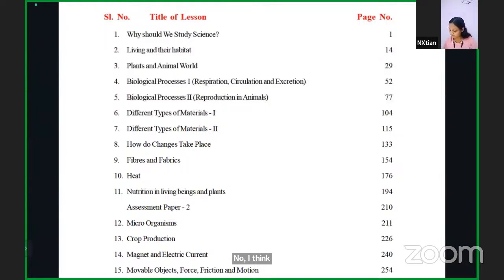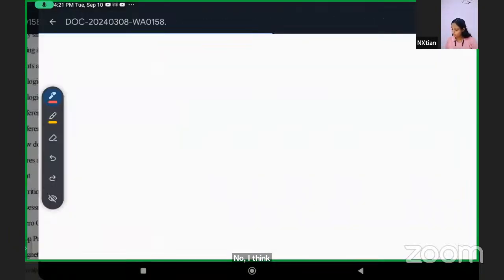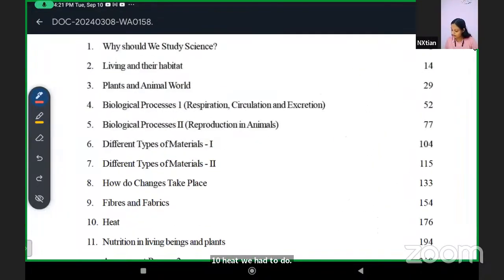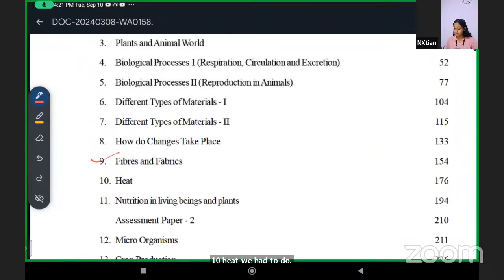Yes, chapter 10, Heat, we had to do because we did chapter 9 and have taken the teach back. This was for a quiz, this for a test, and chapter 10 Heat we have to take. I told you in the last class but forgot. Okay, I also forgot. So science chapter 10 test and math also chapter 10 test next week.